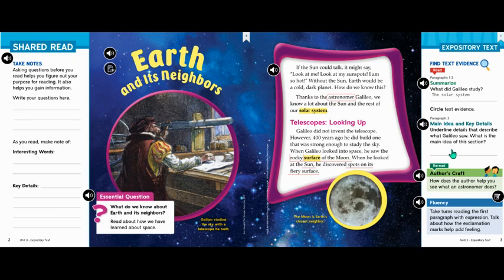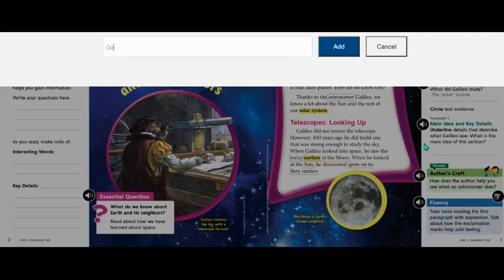So, on this line for main idea, let's write Galileo's new powerful telescope. That is the main idea of this section. Go ahead and write that in.